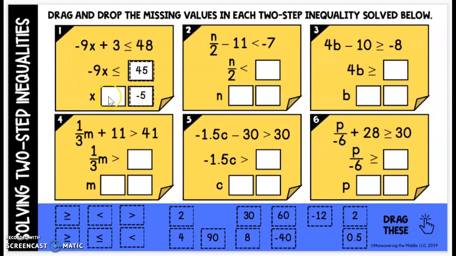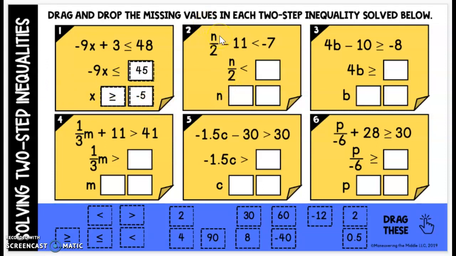You can't just pull down this sign, because up here our variable is being multiplied by a negative number. That means I need to flip my inequality sign. So instead of a less than or equal to, I need to place a greater than or equal to sign up here to make this solution correct.